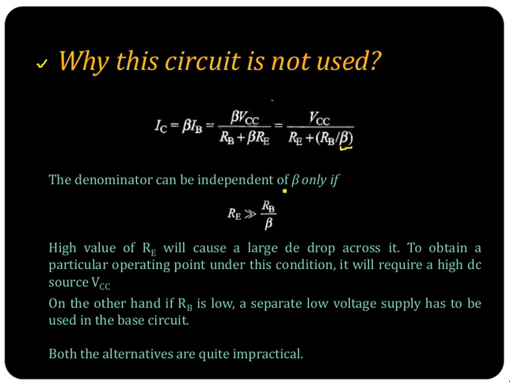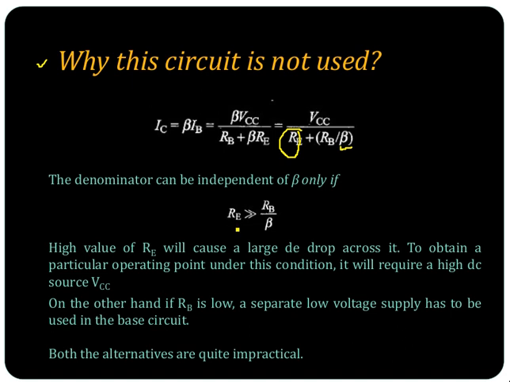Still you can see this beta term here. So the denominator will be independent of beta only if RE is very much greater than RB by beta, isn't it? Otherwise, beta will still be there in the expression, and the collector current is going to have some dependence on beta.